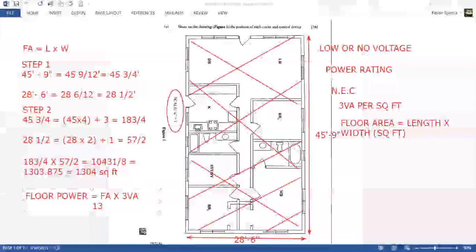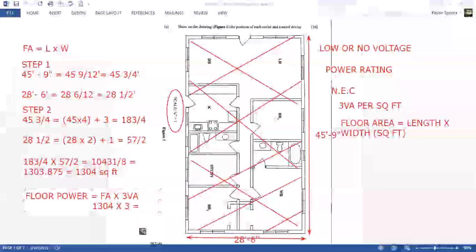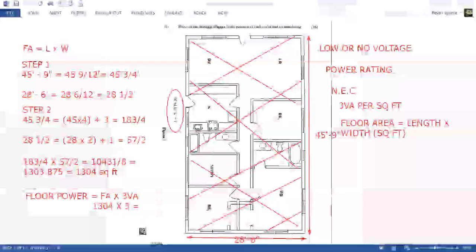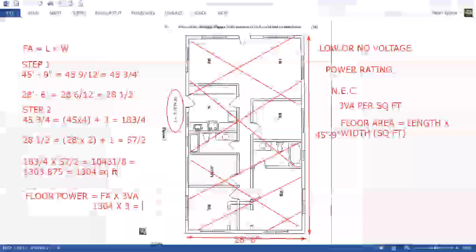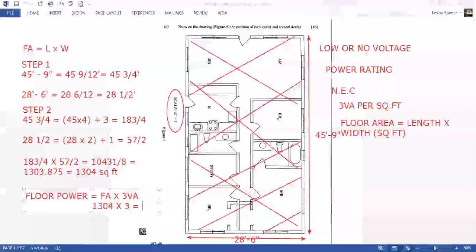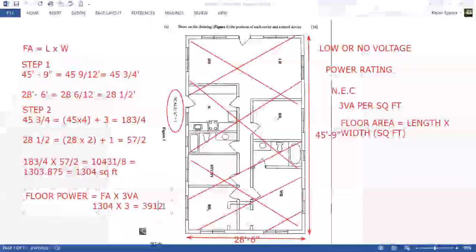That would be 1,304 times 3, which will give us 3,912.